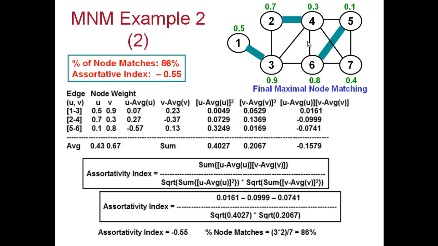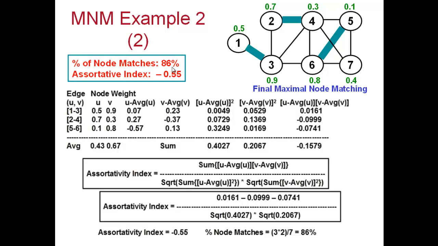So the maximal node matching has 3 pairs of edges, and that's why this maximal node matching is also a maximum matching, because it's the best we could do of the number of vertices that could be matched. So it is 6 over 7, that's the percentage of node matches, that is 86%, and that itself is the maximum matching for this graph because it has an odd number of vertices.